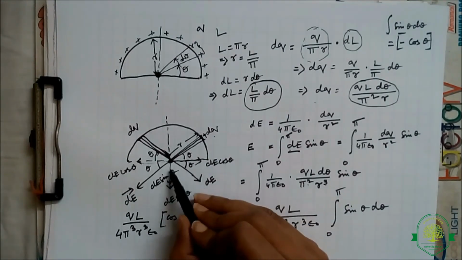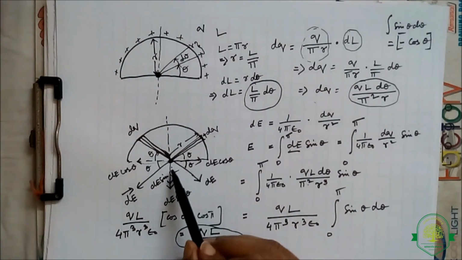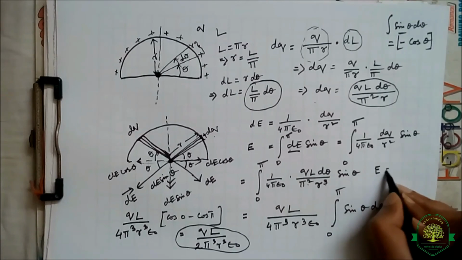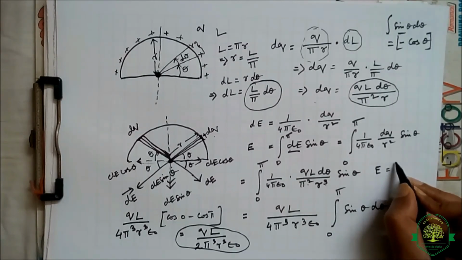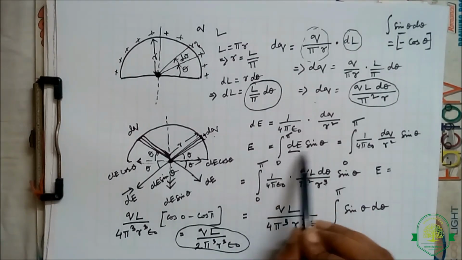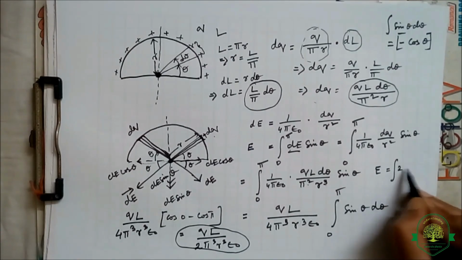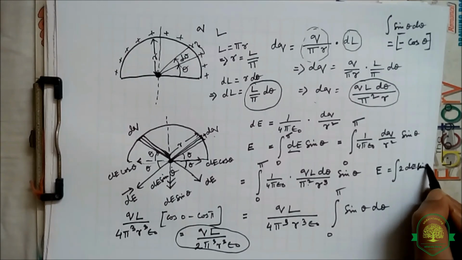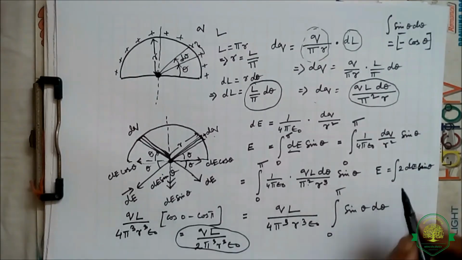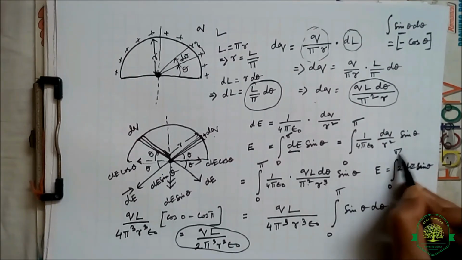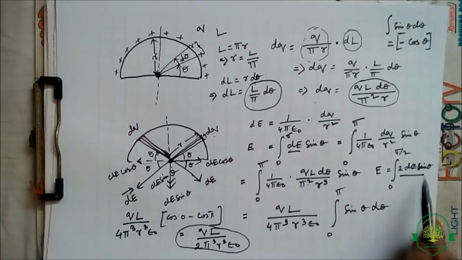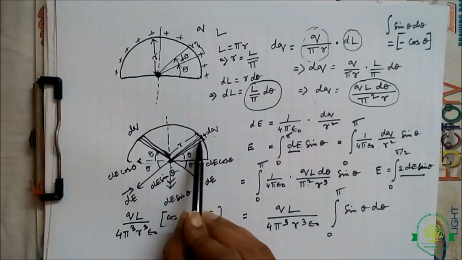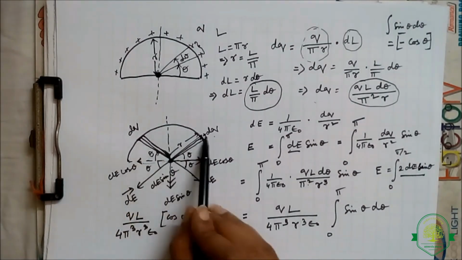But what I wanted to say was, what many students sometimes do is that they'll say that the expression for electric field, instead of being integration dE sin theta, is integration 2 dE sin theta. But in that case, we'll have to integrate from 0 to pi over 2, because if we write 2 dE sin theta, that means at each instance we are counting the contributions from two elements.